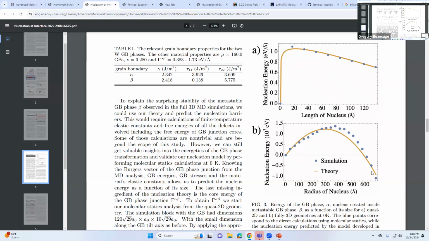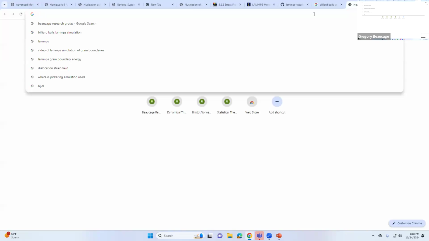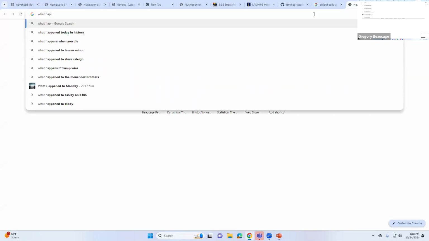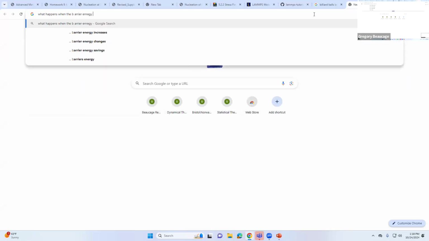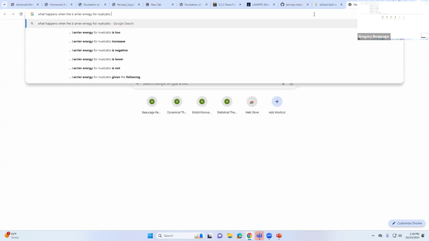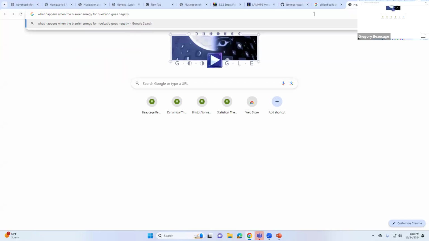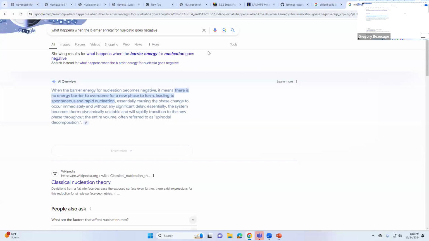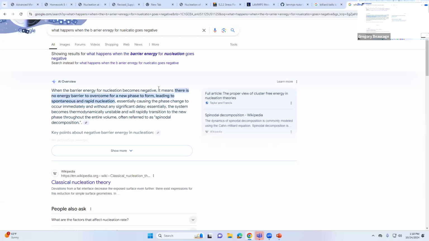That should be in the notes. Let's see, maybe Google this. Energy complete means there's no energy barrier to becoming the new phase.